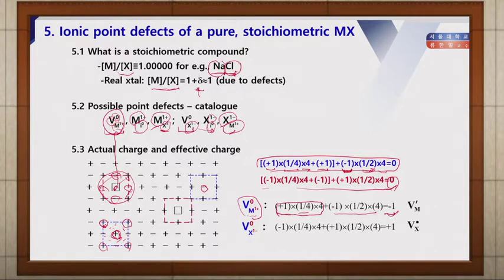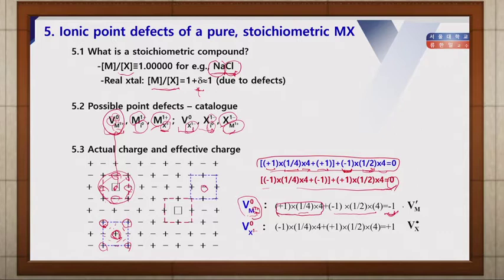This -1 turns out to be equal to 0 minus this charge, namely the actual charge of the species sitting on this site minus the actual charge which there should be on that site in an ideal crystal. So 0 minus 1 makes, you see, -1.